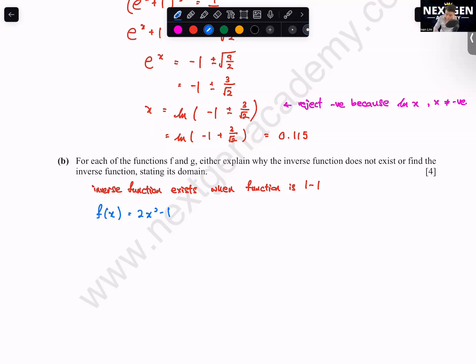Why does the inverse not exist? Let me show you from this example here. Look at this graph, a quadratic graph. What relationship is this? How many x connect to how many y? One-to-many or many-to-one?